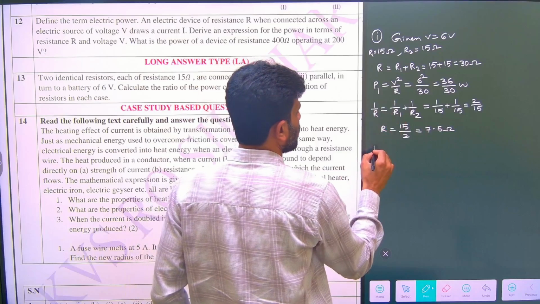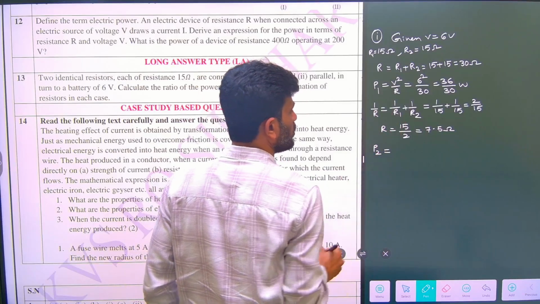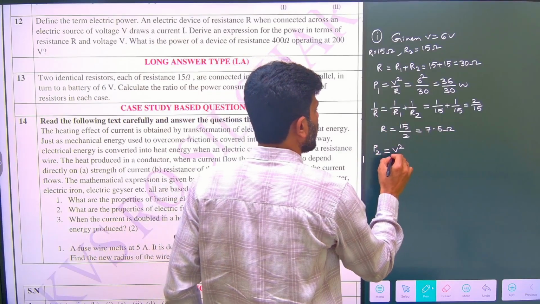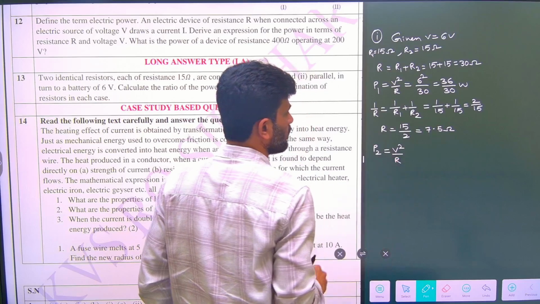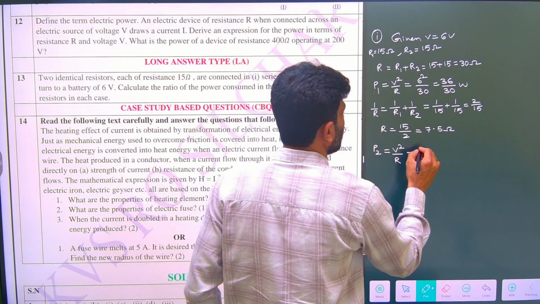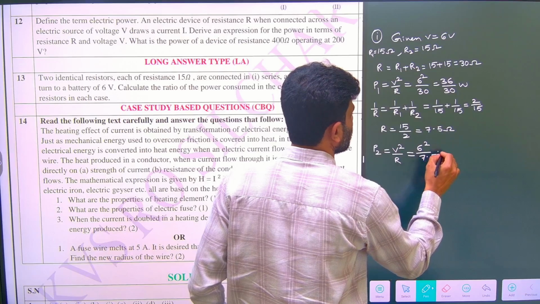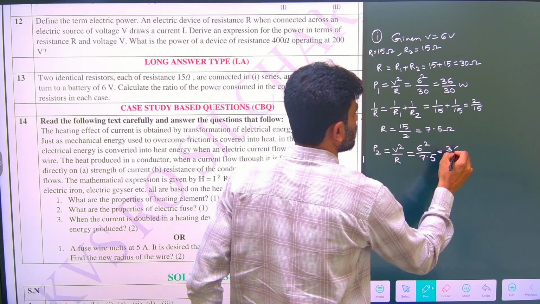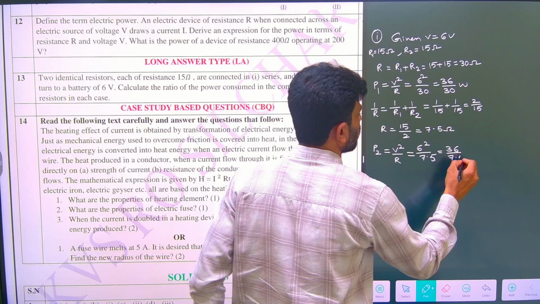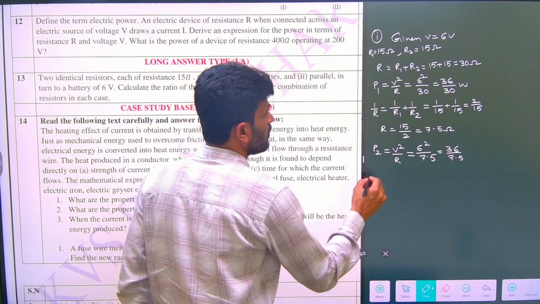Then again same power formula, P2 is equal to V square by R effective. That is again 6 square by 7.5. 6 square is 36, so 36 by 7.5.